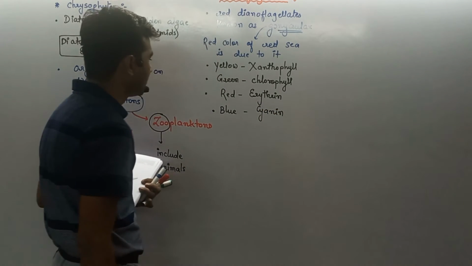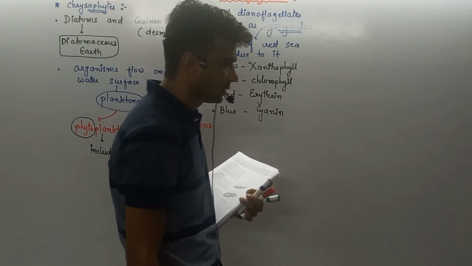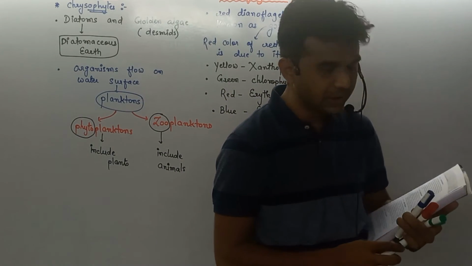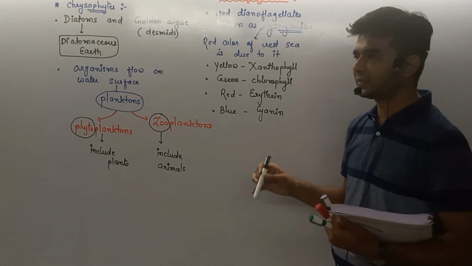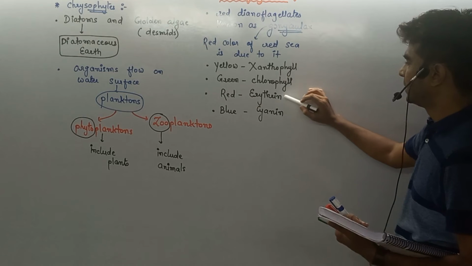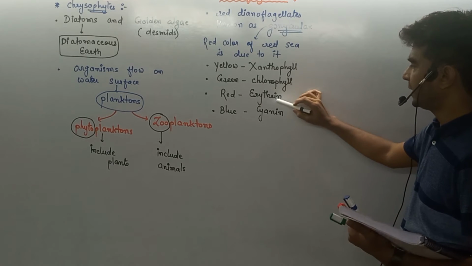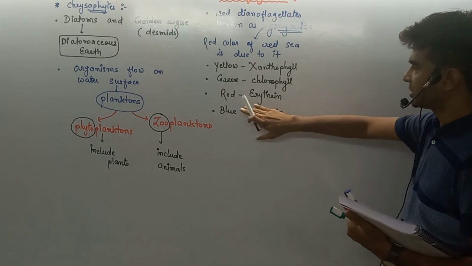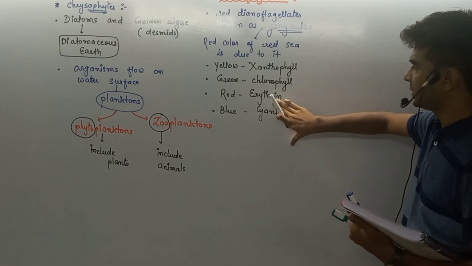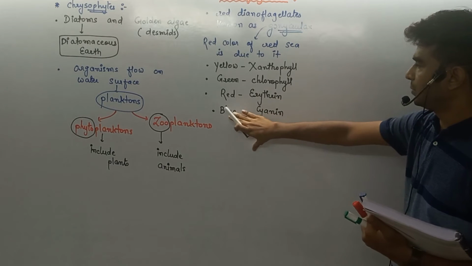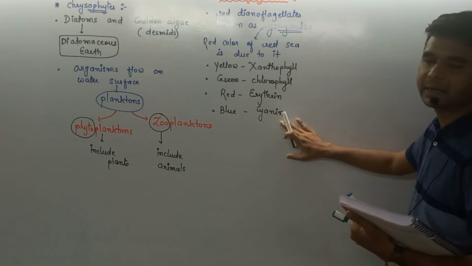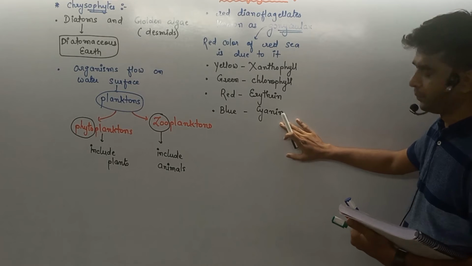So as you know that our RBCs are reddish in color, the scientific word is used here. That's why we are using the word erythrocytes. So similar to that, red color is for erythrin. Blue color is indicated that cyanine is present there.